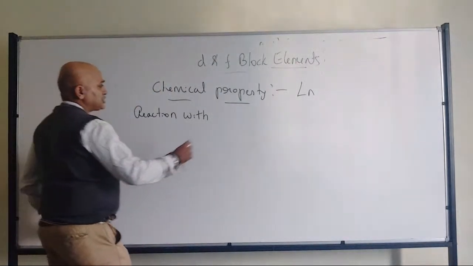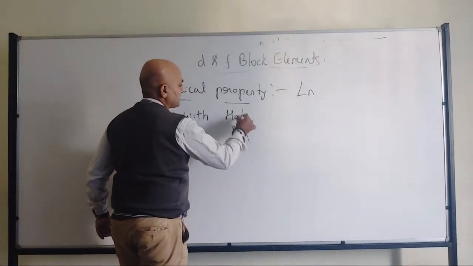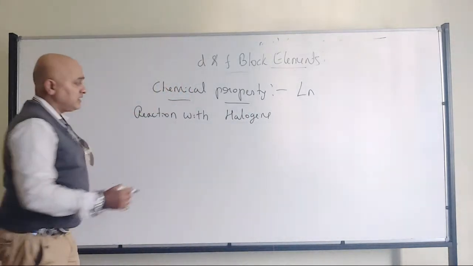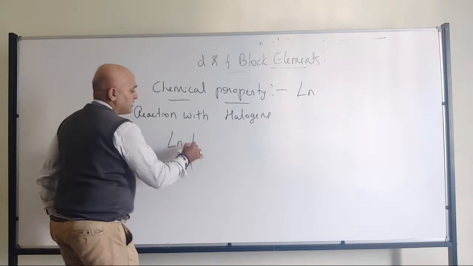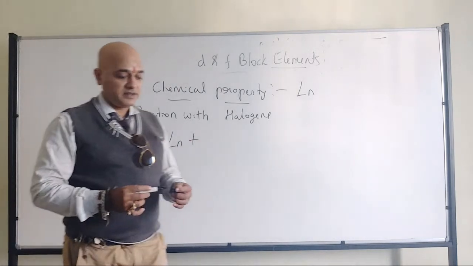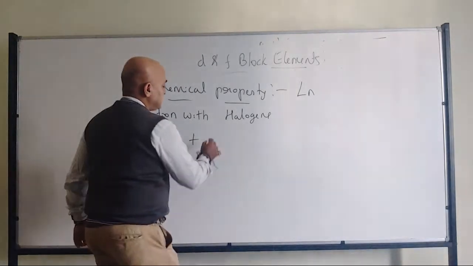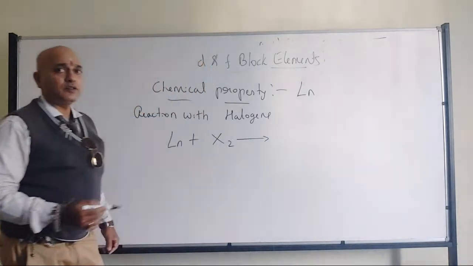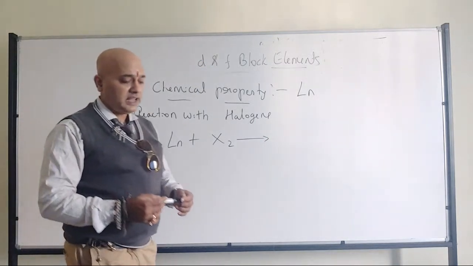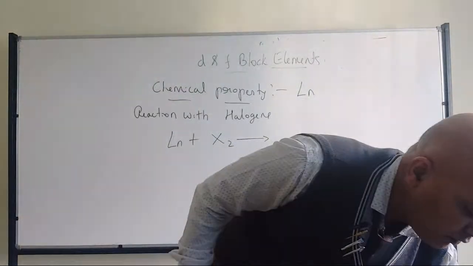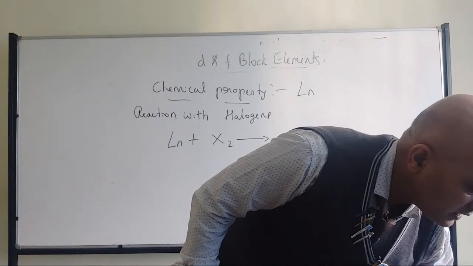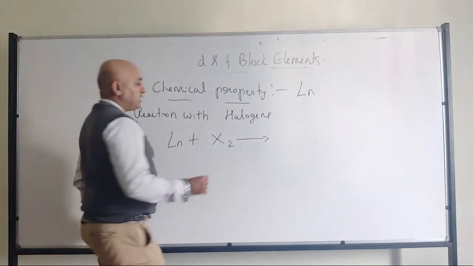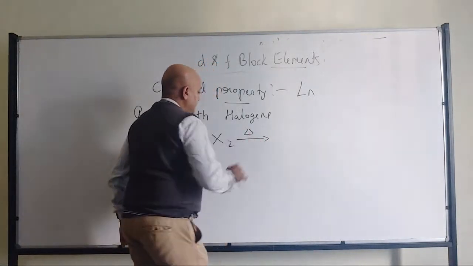Now, reaction with halogens. When lanthanides are treated with halogens, where X can be chlorine or bromine, normally they are going to use chlorine. With halogens, you have to heat it.